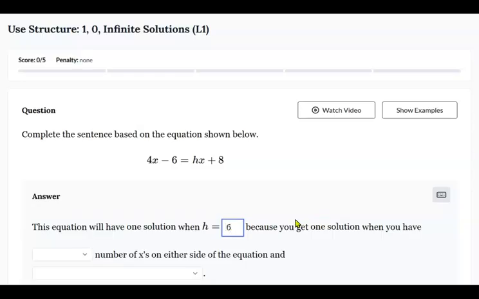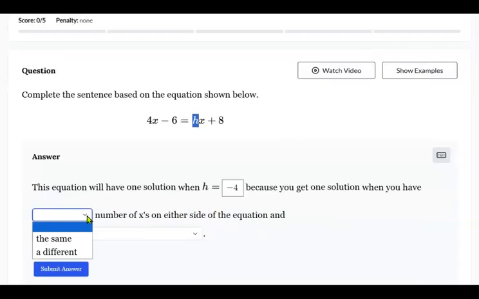I can put a 6, I can put a 12, I can put a negative 13, I can even put a negative 4, because the only thing h cannot be is positive 4, because you get one solution when you have a different number of x's on either side, and these constants here don't matter at all.